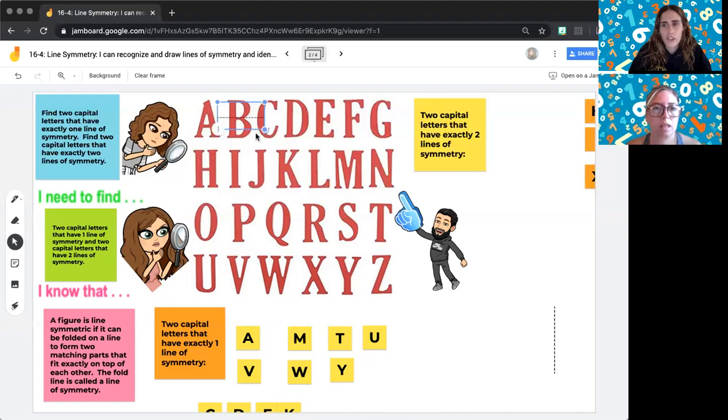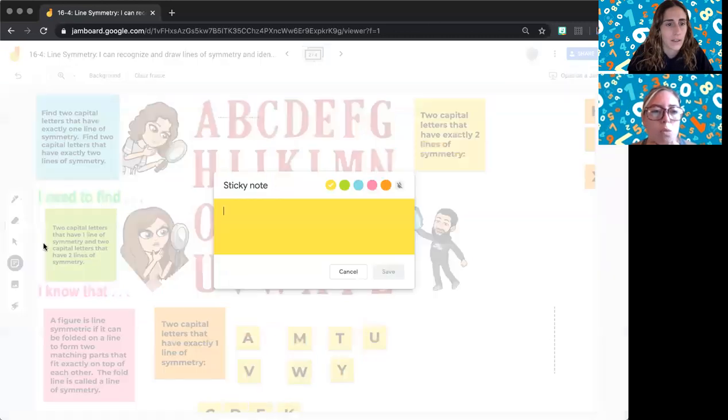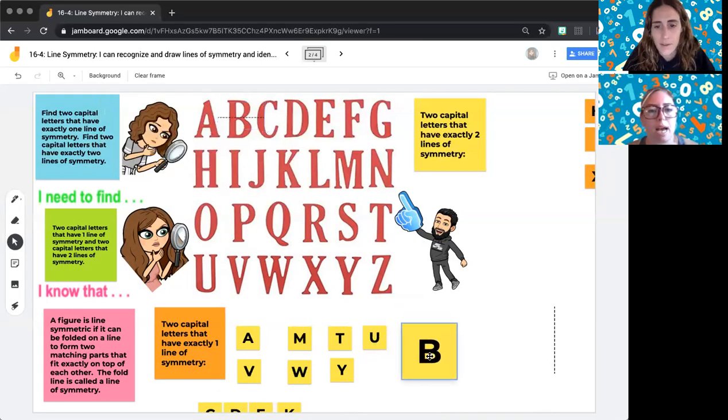It actually looks like it would be, because it actually looks like two little D's, and they would just fold right on top of each other. Yep, so we might have to create a post-it for that one. That could be one that has one line of symmetry, but going in the other direction, from top to bottom instead of side to side.